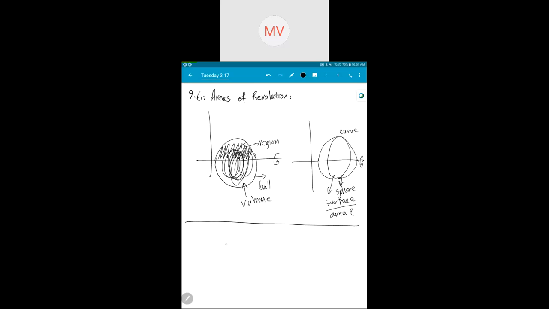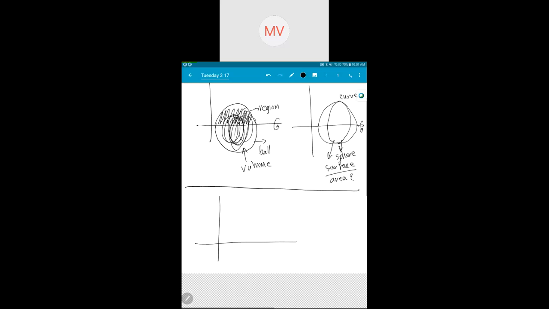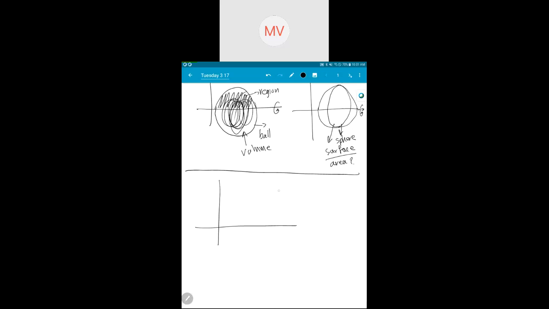And this is how we're going to do it. The structure is very simple. So consider this curve, right? Between A and B. And, for this case, assume it's y equal f of x, or it could be parametrization.